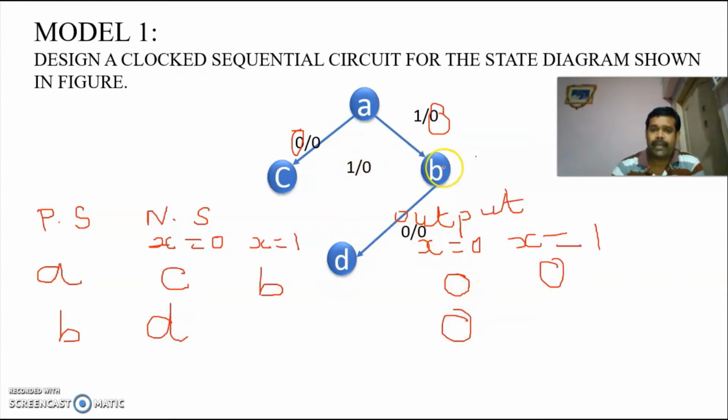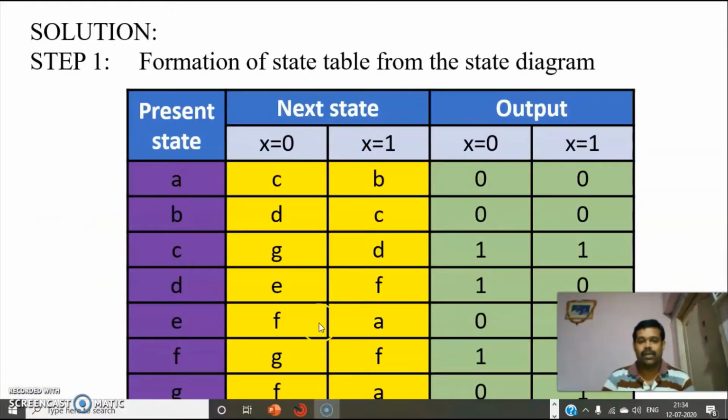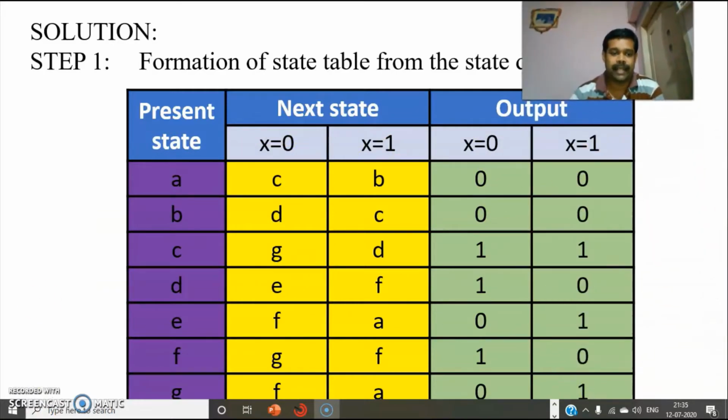Similarly, when I am in B and providing the input 1, it is going to C and the output is 0. Similarly, I have to write it for C, D and E. So now we have formed the state table from the state diagram.